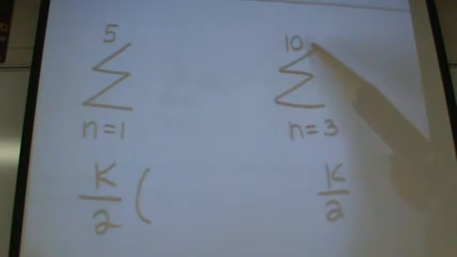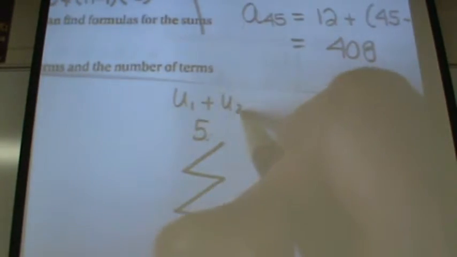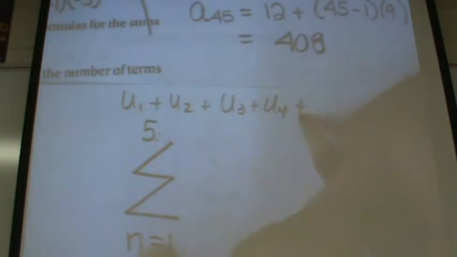So you said 7 for this one, you subtracted this, right, to get 7? Well, when you subtract these two, you get 4. And you told me you're adding 5 terms here. You add 1. So the rule is this: you subtract these two and add 1 to that number. So yes, you are adding 5 terms here. You're adding the first term, the second, the third, the fourth, and the fifth term.